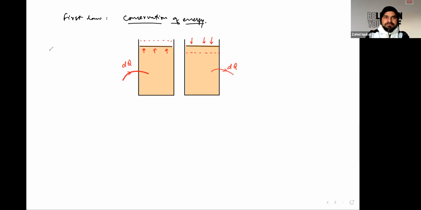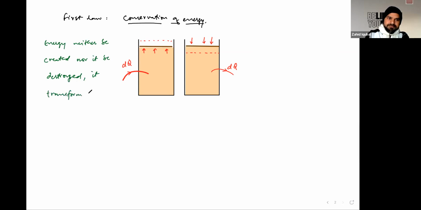So it states energy can neither be created nor destroyed. It simply transforms from one form to another.